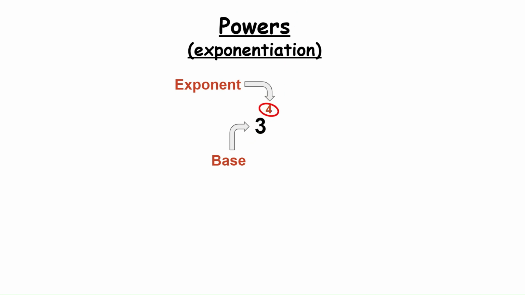So our exponent 4 is a command. So what is that command? Well, think of your basic operations: subtraction, addition, division, and multiplication. Those are all commands asking us to do a specific thing. Well, our exponent 4 here is asking us to do something as well.